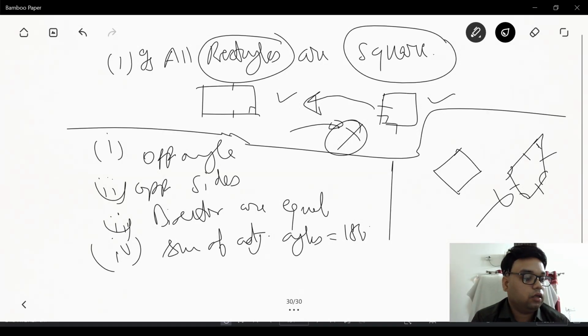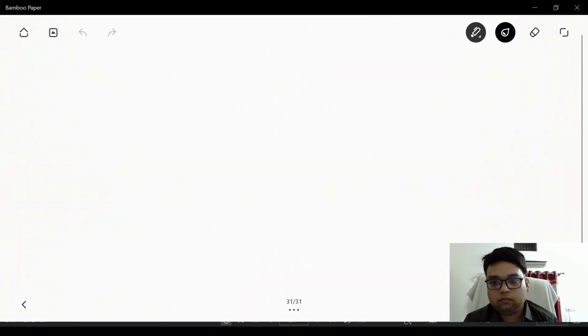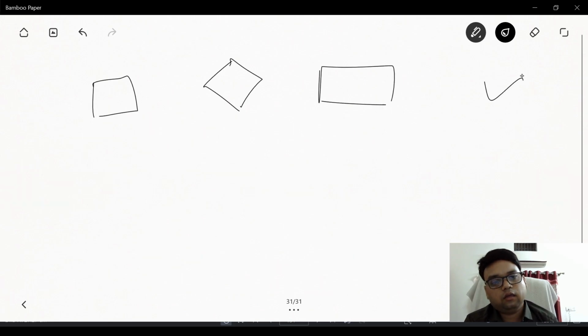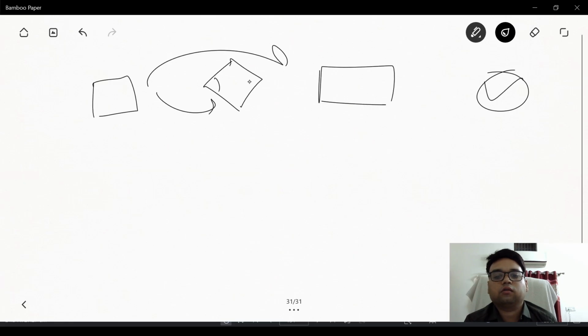Now question number 3, what does it say? All squares are rhombuses and also rectangles. Yes, all squares are rectangles and all squares are rhombuses also.